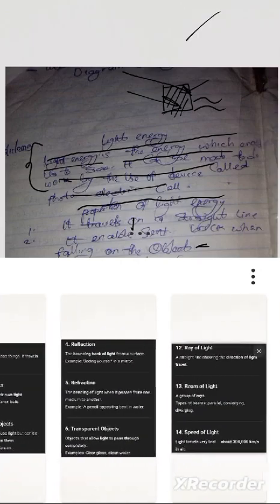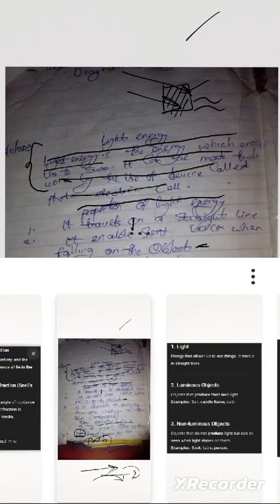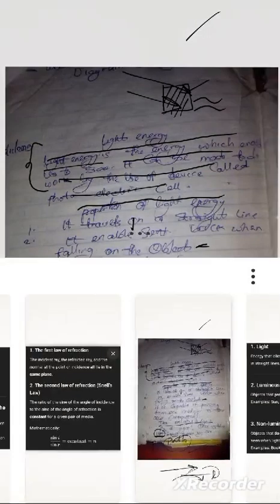The direction being taken by the light, or the path being taken by the light, that's light ray.